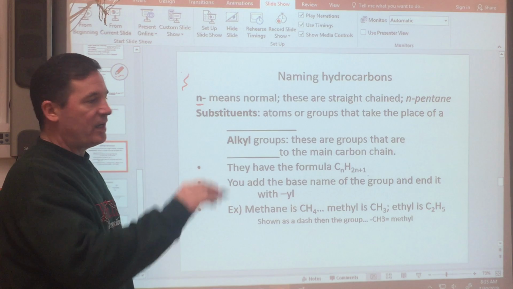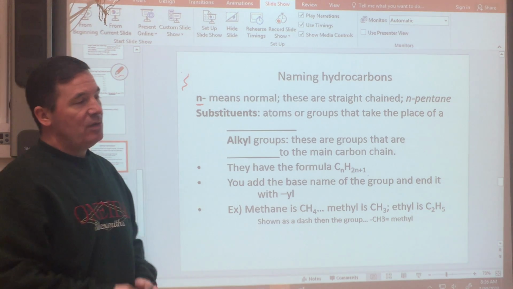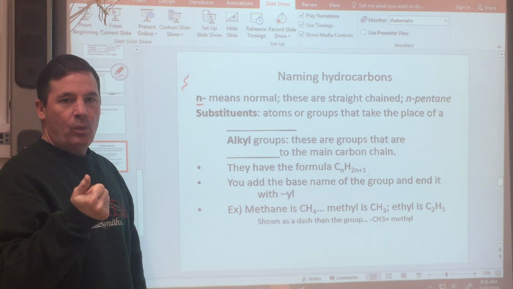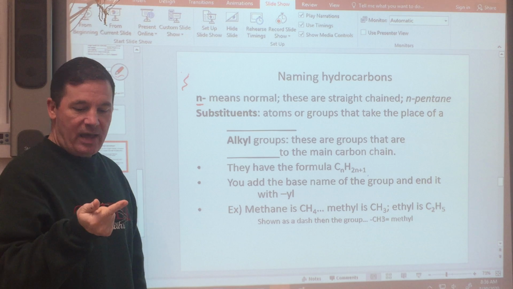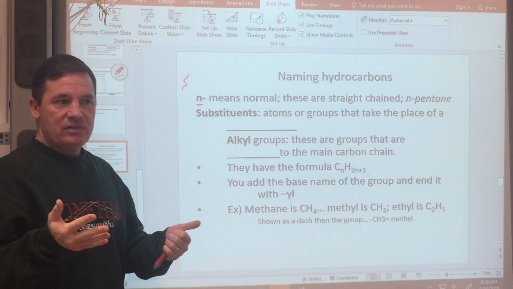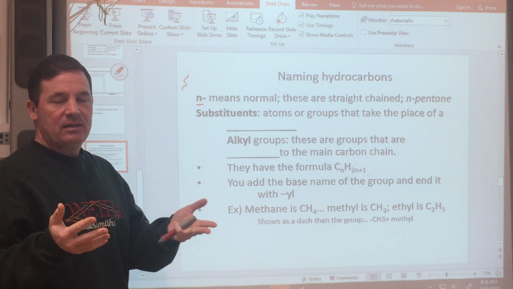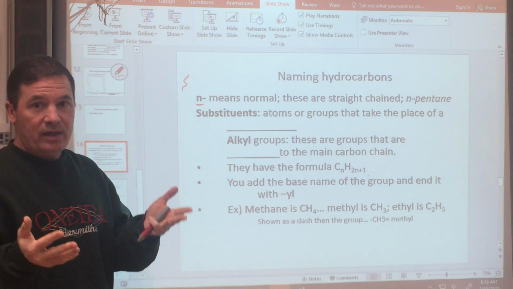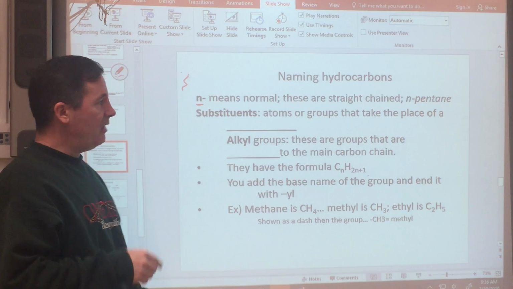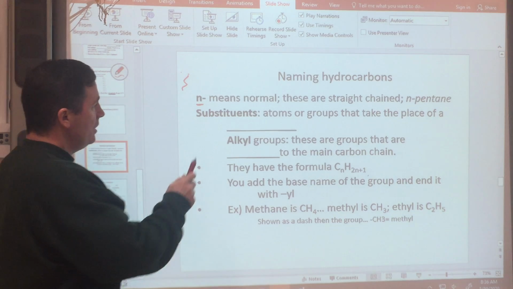That just means it's a straight chain. Again, we have to know those prefixes for the number of carbons. So 1 is meth, 2 is eth, 3 is prop, 4 is but, 5 is pent, 6 is hex, 7 is sept, 8 is oct, 9 is non, N-O-N, and 10 is dec, like decagram. Okay? So, have to keep those in mind as well.